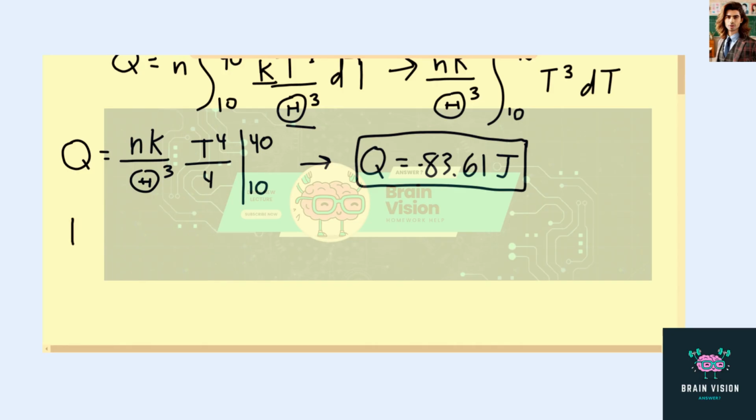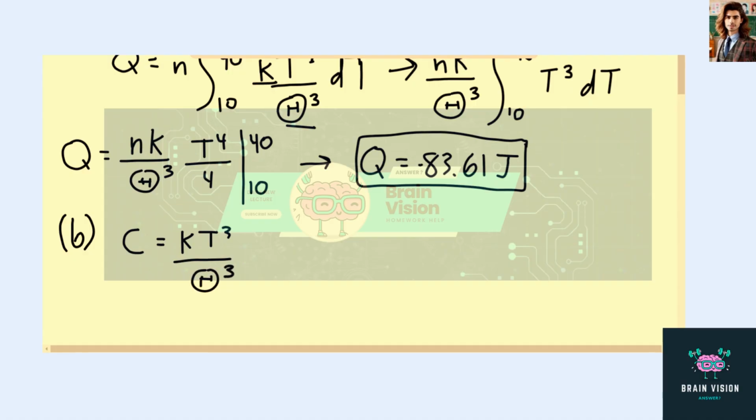Part B is very similar in that we'll be using calculus to solve for the average molar heat capacity in the same temperature range. We've kind of done this already, but we're going to think of it as finding an average value of the molar heat capacity from 10 Kelvin to 40 Kelvin. We know that C, the molar heat capacity, is equal to this, Debye's law, K T cubed over theta cubed.